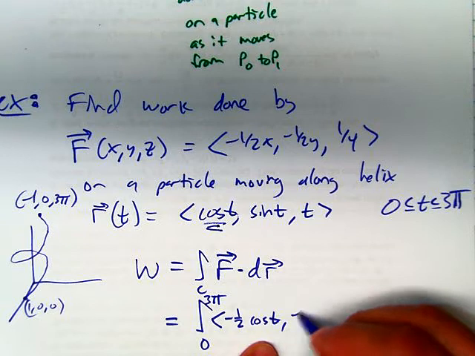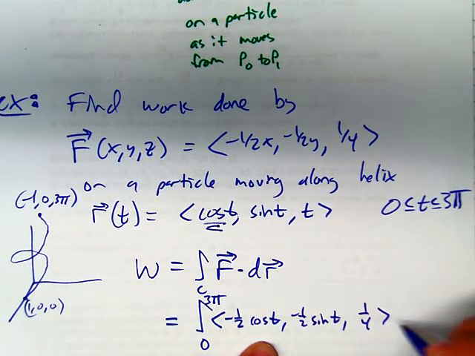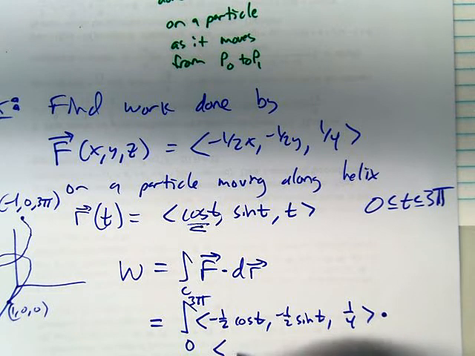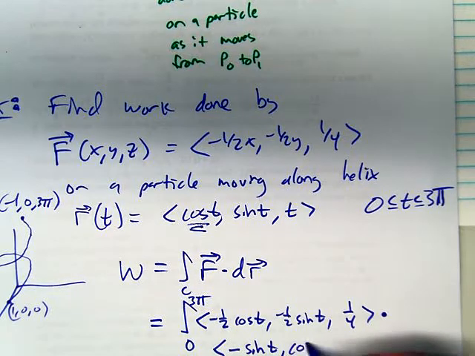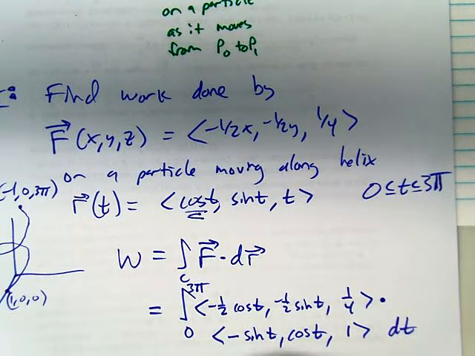The next component will be minus 1/2 sine t, and then 1/4 is good. Then we're going to take the dot product of that with negative sine t. So I'm just going to take the derivative of cosine. Derivative of sine is cosine. The derivative of t is 1 with respect to t, so dt.